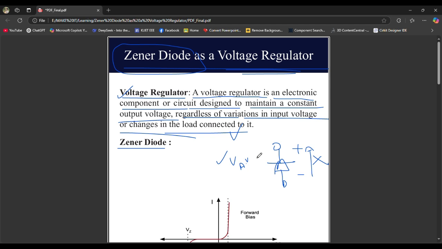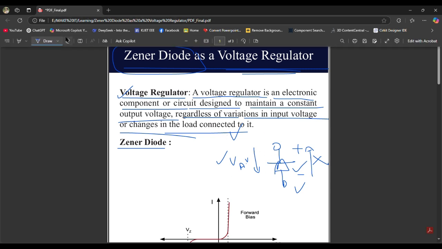But this region of operation is not good for this diode, because this voltage can harm the diode, and high current will flow, which can also damage it. So this is all about a simple diode.